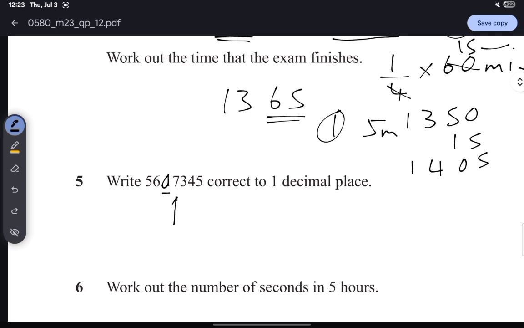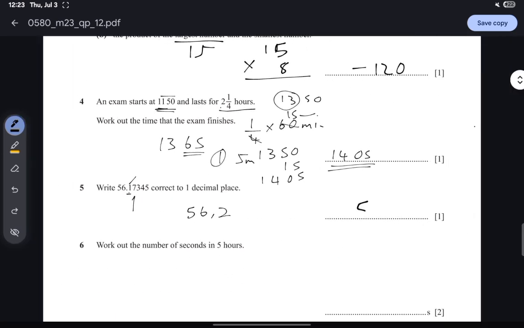But if the number is less than 5, this one remains the same. And in this case, it's 7, which obviously is greater than 5. So we're going to add 1 to this one over here to get 56.2. And that will be our answer correct to 1 decimal place. So we write here 56.2.